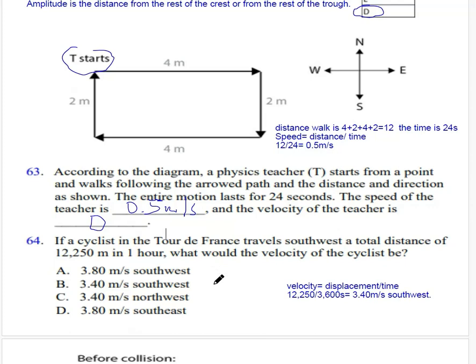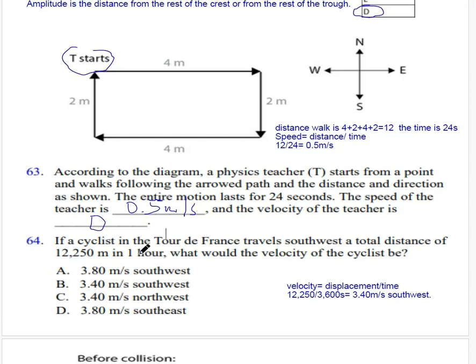So that's 64. If a cyclist in the Tour de France travels southwest a total distance of 12,250 meters in 1 hour, what would the velocity of the cyclist be? So 12,250 meters is the displacement here, and the time is 1 hour.